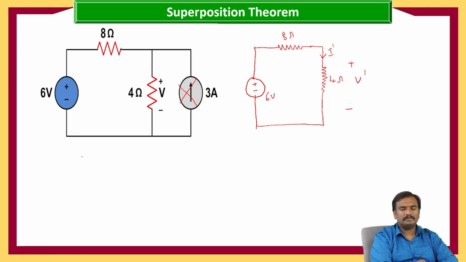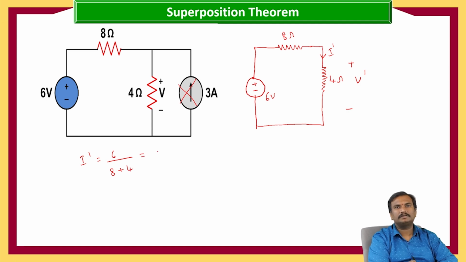The current flowing through this is I dash. So I dash is equals to 6 by 8 plus 4, which is equals to 6 by 12, which is equals to 0.5 amperes. Now we got I dash value as 0.5 amperes and V dash is equals to 0.5 into 4, which is equals to 2 volts.